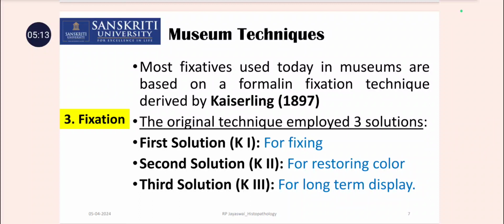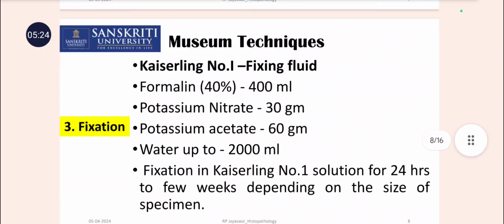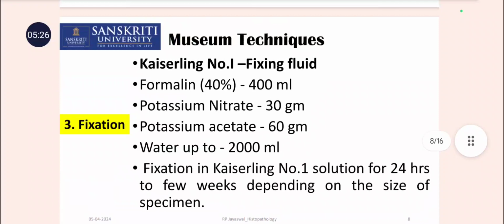The original technique employs three solutions. The first solution is for fixing, the second solution is for restoring color, and the third solution is for long-term display. The first solution contains formalin, potassium nitrate, and potassium acetate. These are the ingredients.